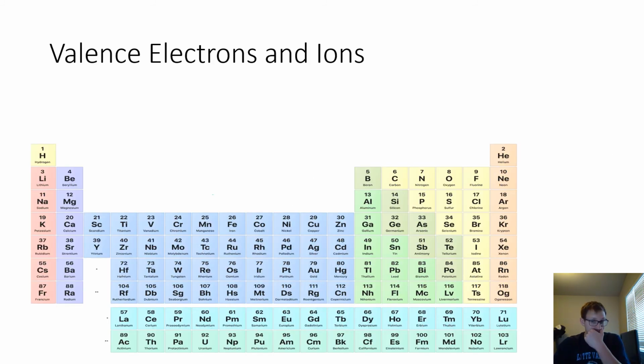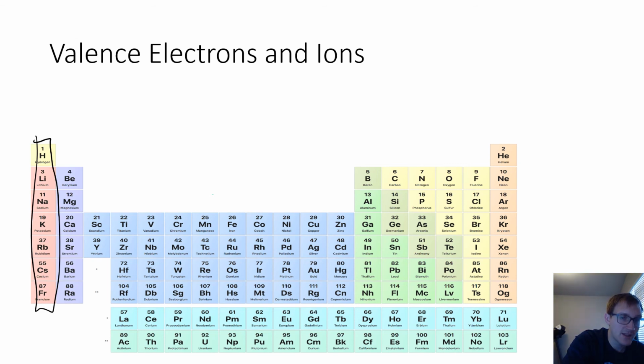Okay, the last one, kind of to explain why valence electrons and ions form the way that they do. Okay, it goes back to what I was saying about, for example, this group has 1 valence electron. This group will have 2 valence electrons.